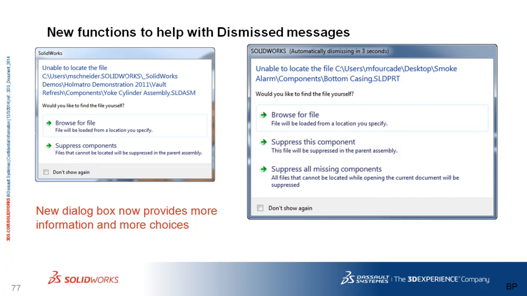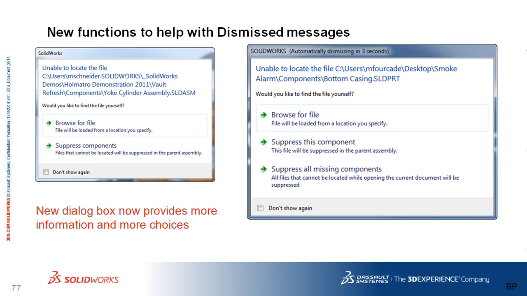They've enhanced our dialog boxes. In 2012 or 13 and earlier, when you opened up a large assembly and you were missing a bunch of the files, we get prompted, it says, do you want to find the missing file? And so you find it, or you say no, suppress that file. Well, it came up for the next part, and the next part, and the next part.